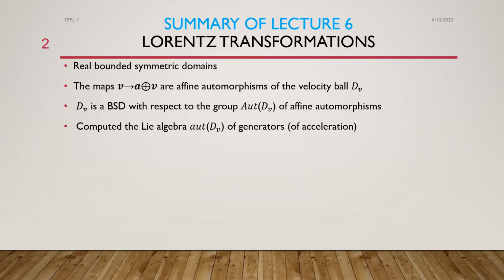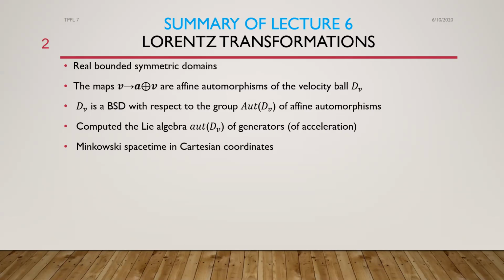Then we computed the generators, the Lie algebra of this group. The group is made up from the velocity addition, so the generators generate changes in velocity, which we can think of as accelerations. And then we could have continued and gotten the dynamics equations, but we took a detour, and instead of continuing with the 3D, we went ahead and looked at a 4D formulation.